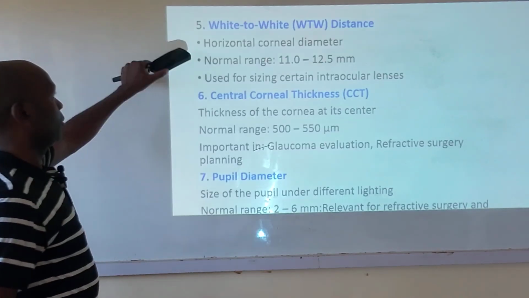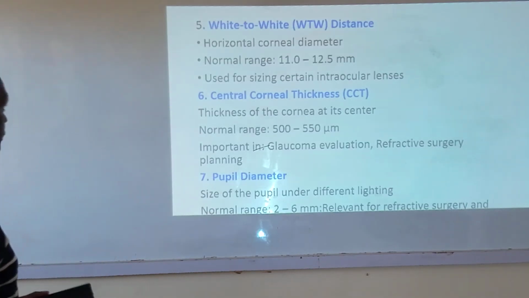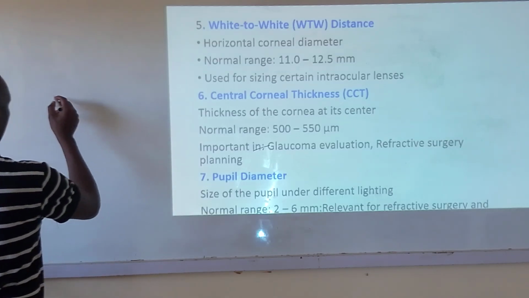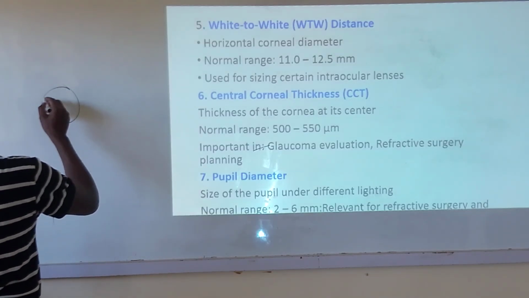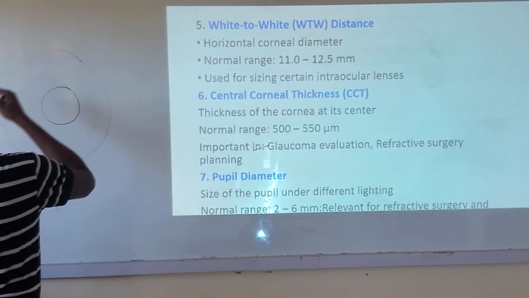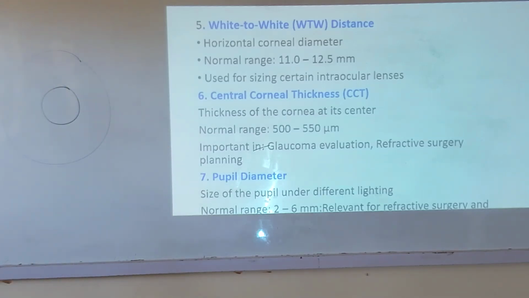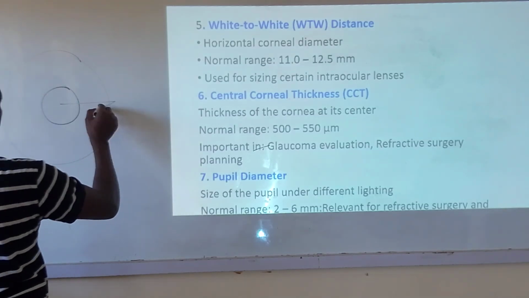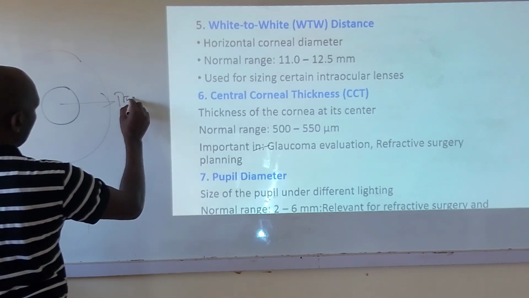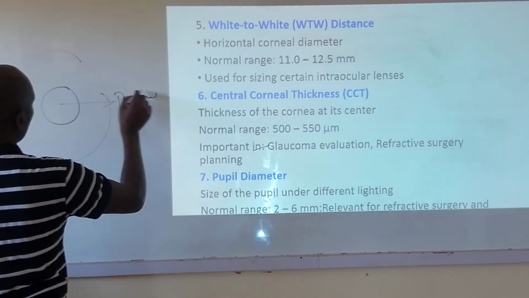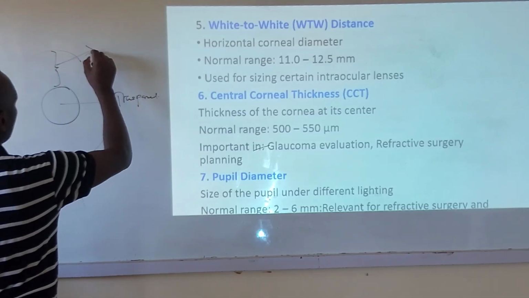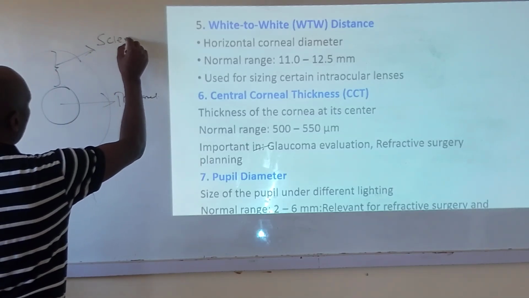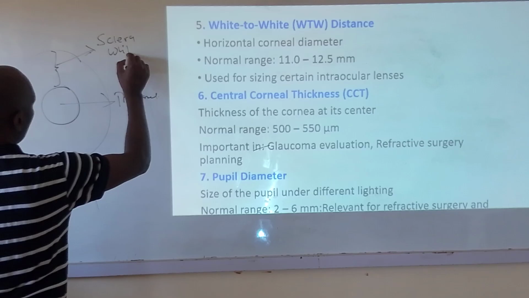Another thing is the white to white distance. So when you have your cornea here, assuming this is the cornea, and this is the eye, this cornea is usually transparent, and this other part, we can say this is just the sclera, which is whitish.